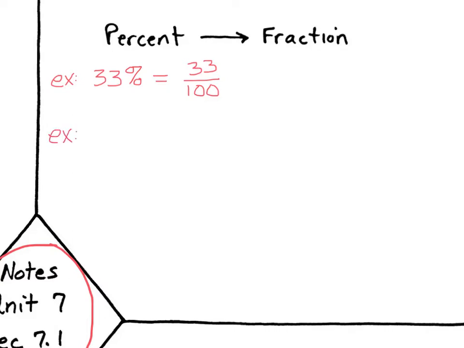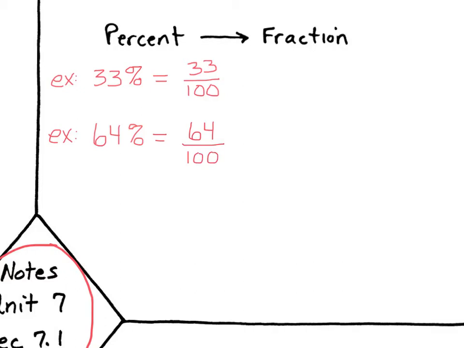All right, let's try another example. Let's say you have 64%. Okay, so again, there's that symbol, percent. And right away, you should think percent means, yep, out of 100. So 64%, you can say 64, and instead of saying percent, you can say out of 100. 64 out of 100.